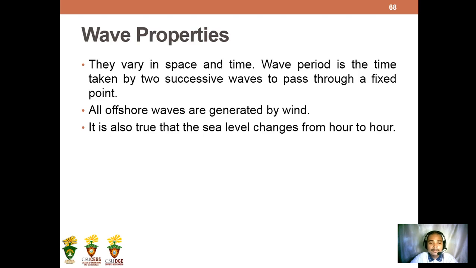And all offshore waves are generated by winds. It is also true that the sea level changes from hour to hour. It is not always high tide; in the afternoon it becomes low tide. It changes because the ocean is dynamic.